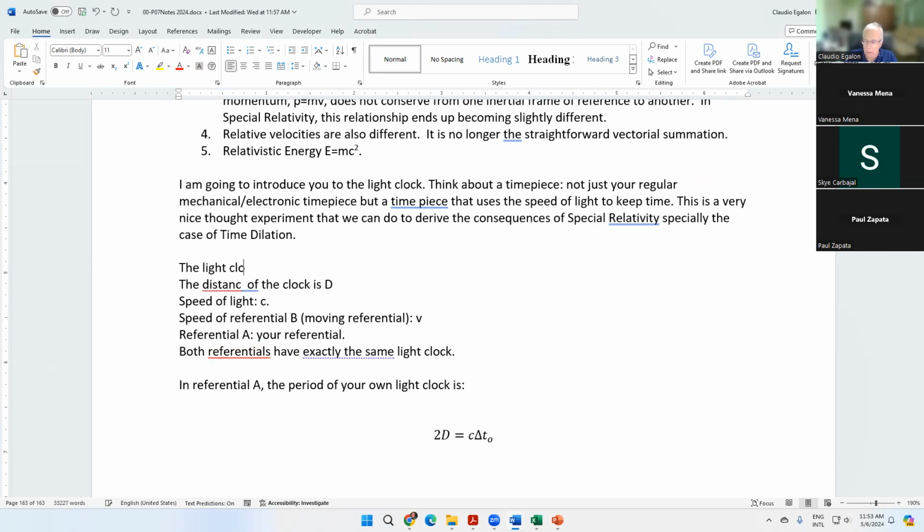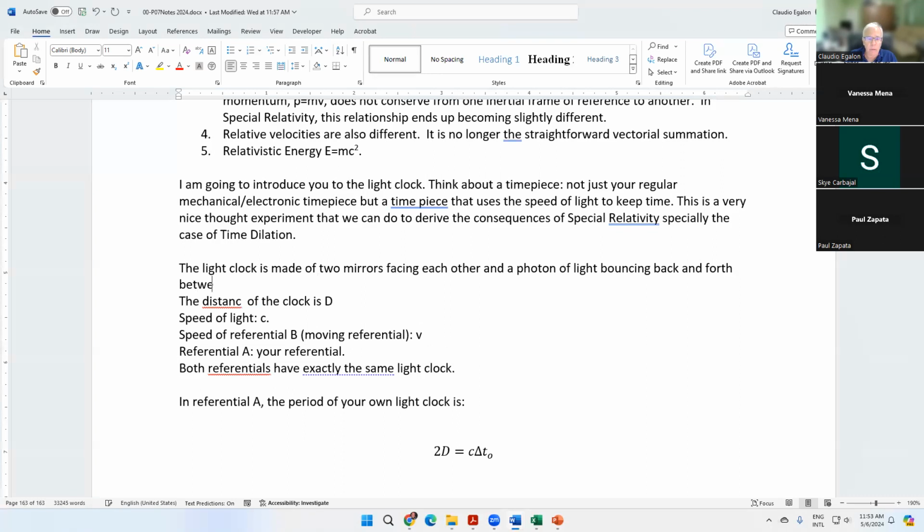The light clock is made of two mirrors facing each other and a photon of light bouncing back and forth between these two mirrors. The distance between the mirrors is d.